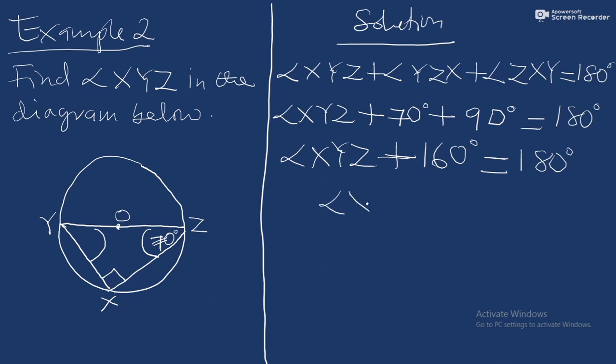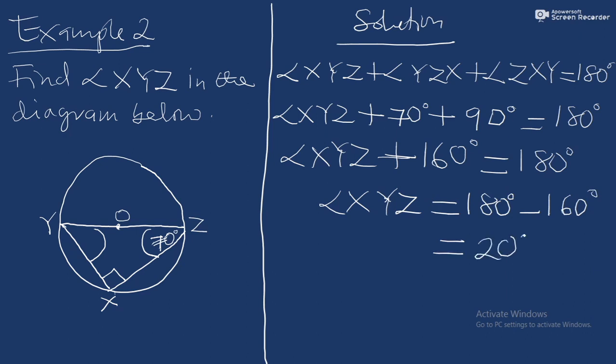So angle XYZ will be equal to 180 degrees minus 160 degrees, and this will give us 20 degrees. So angle XYZ is 20 degrees. So if you presented your answer this way, you are right.